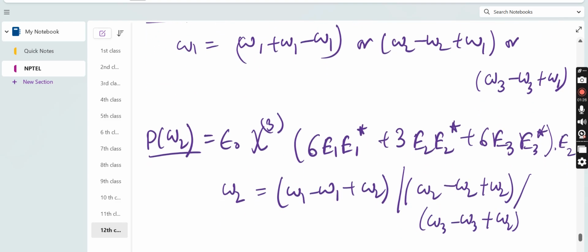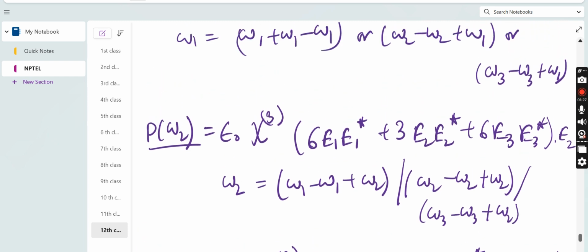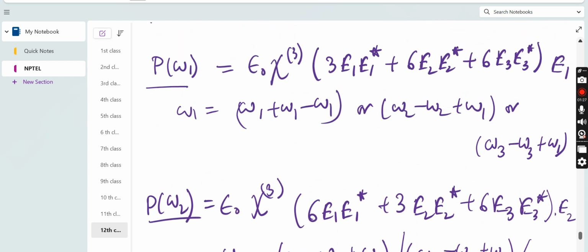Previously, I have stated intensity dependent refractive index. From which term does it get generated? So from this term, we are getting E1, but this is basically I1, this is basically I2, this is basically I3.